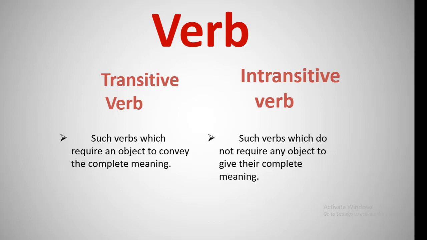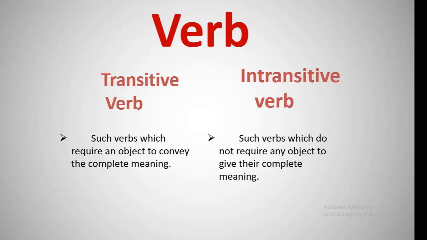Transitive verbs by definition are such verbs which require an object to convey their complete meaning. On the contrary, intransitive verbs are those verbs which do not require any object to give their complete meaning. Say again.